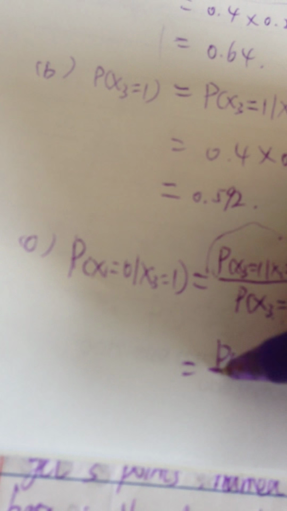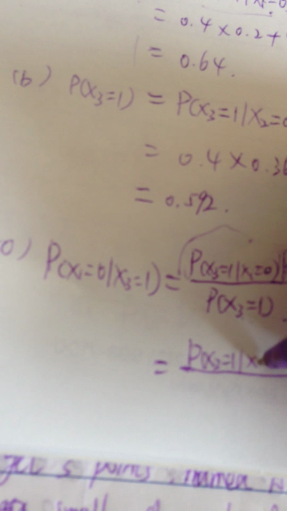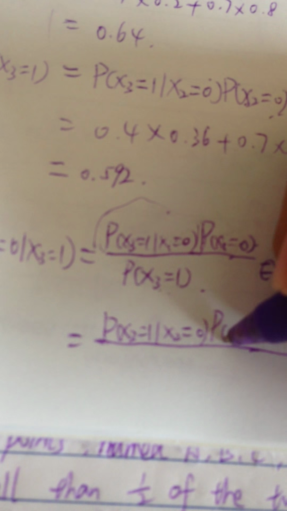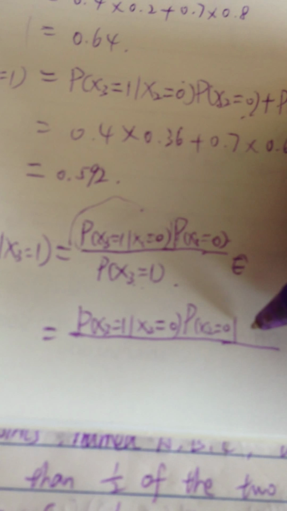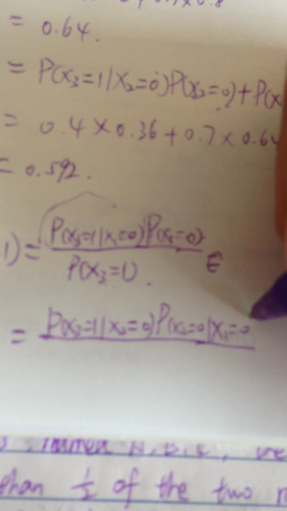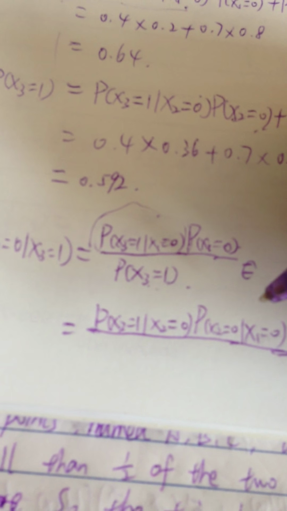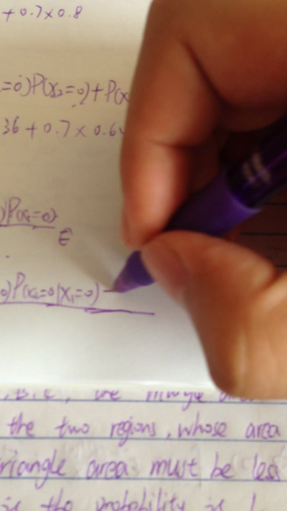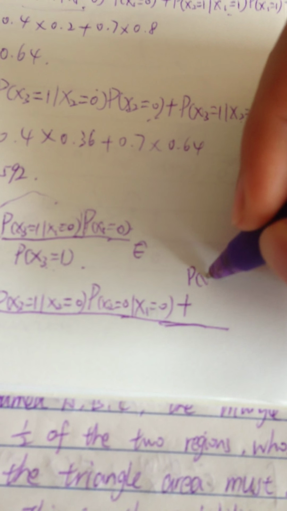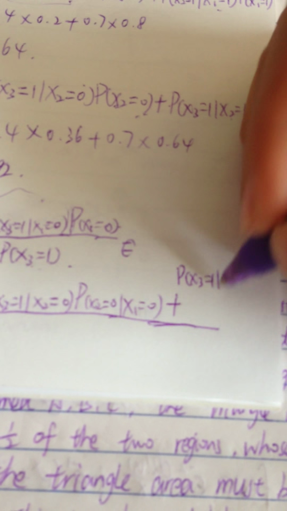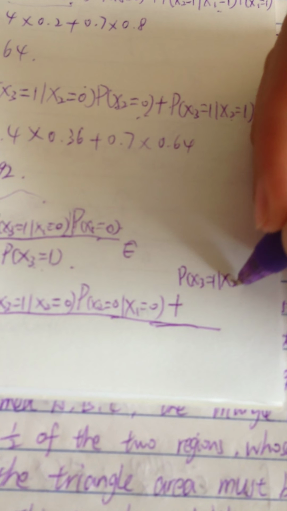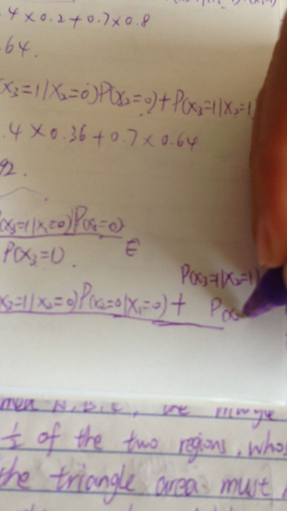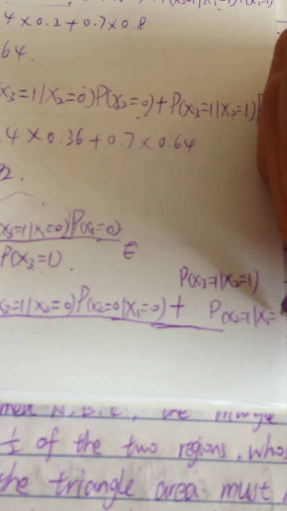The probability of x3 equals 1 given x2 equals 0, multiplied by the probability of x2 equals 0 given x1 equals 0, that's the condition of x2 equals 0, plus the probability of x3 equals 1 given x2 equals 1, multiplied by the probability of x2 equals 1 given x1 equals 0.